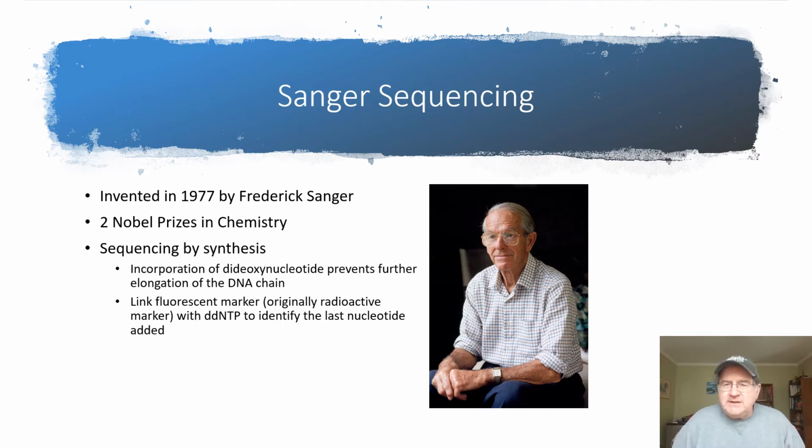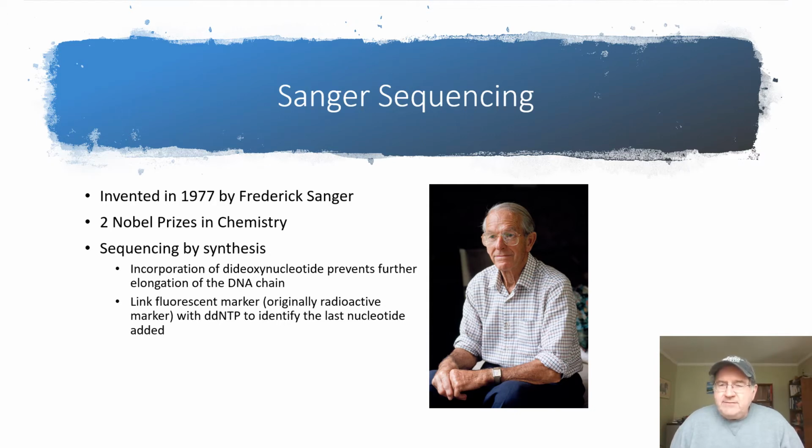And the first, of course, is Sanger sequencing. Sanger sequencing is the method of determining what the sequence of nucleotides are in a DNA molecule. And while there are many sequencing techniques that have been devised, Sanger sequencing is really the one that still occupies a major position in that whole field.